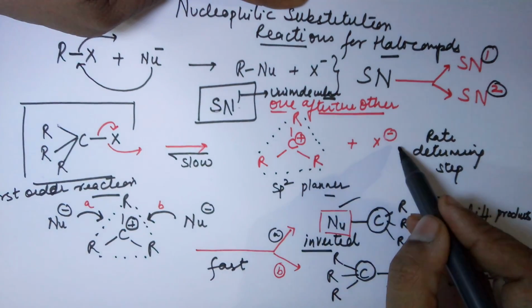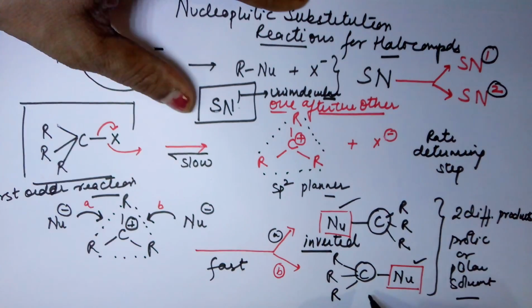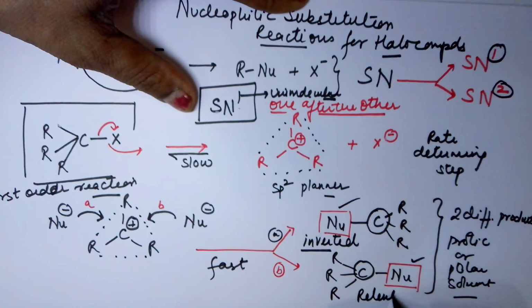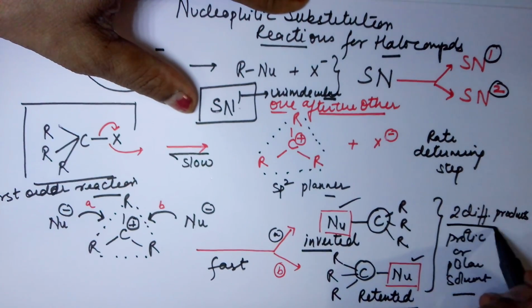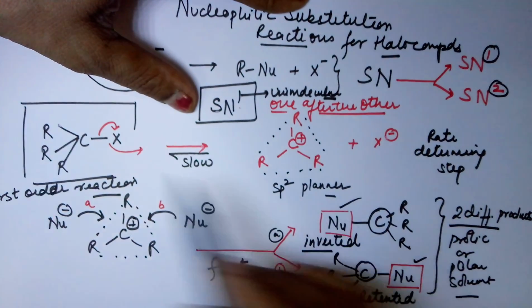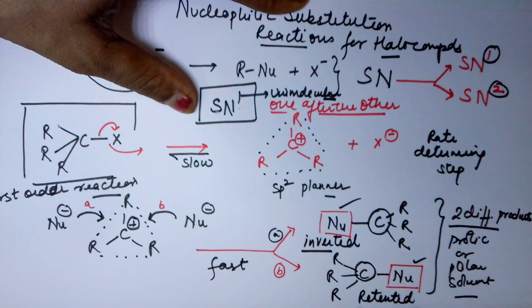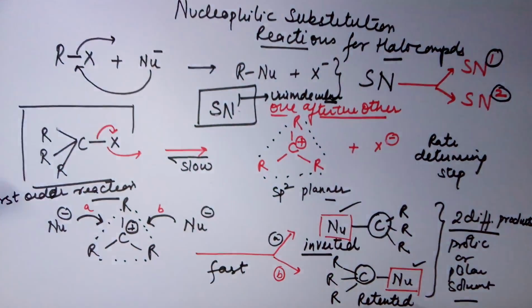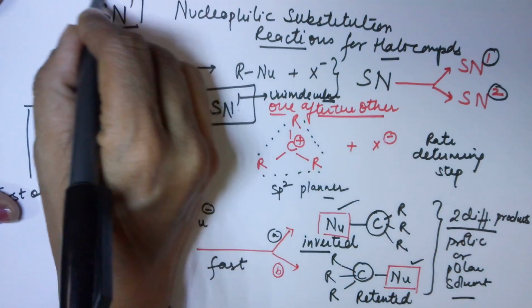So your halide left from this side and the nucleophile attacked from this very end. So this product is also called the retained product. So the two products that you form are, one inverted, opposite in geometry and arrangement in space, and the second is called the retained product, when we talk about the SN1 mechanism.